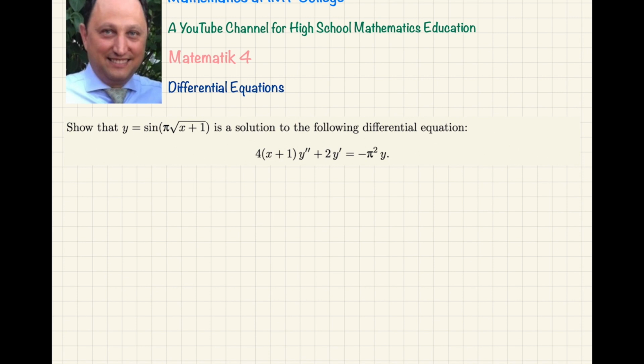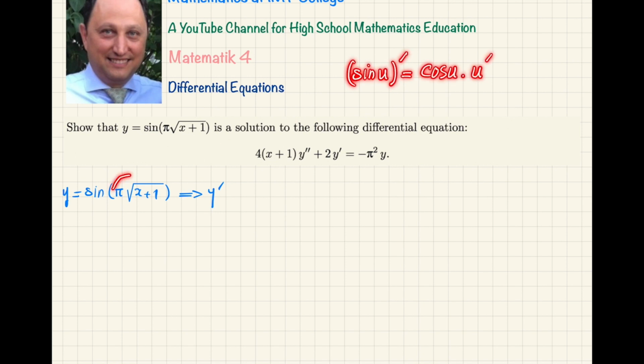The given function is sine of pi times square root of x plus 1. Now I differentiate this function. I need to recall this formula: if you have sine of a function u and you want to differentiate it, the rule is to write cosine of u, but you need to remember to multiply by the derivative of u according to the chain rule.